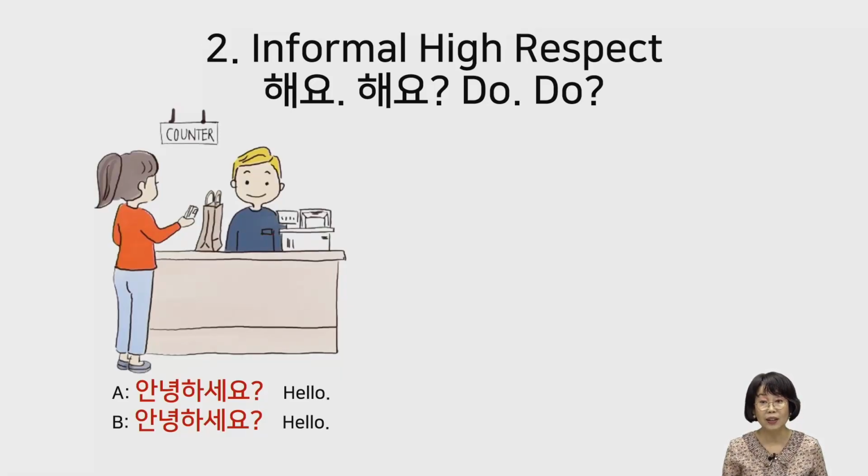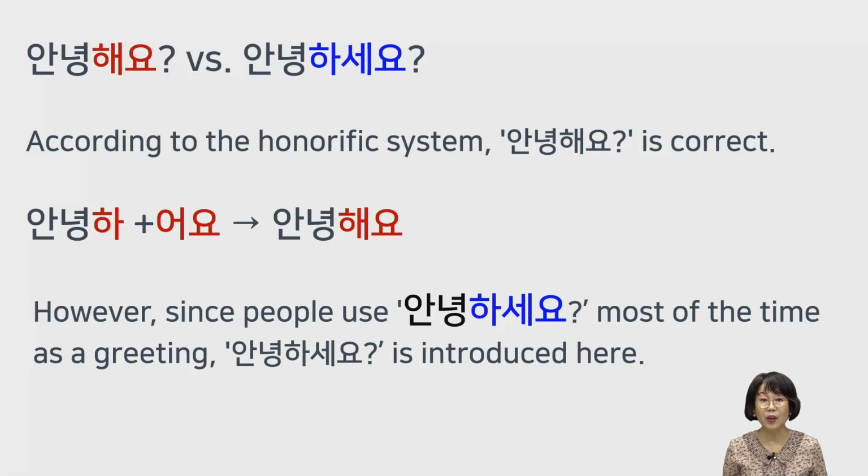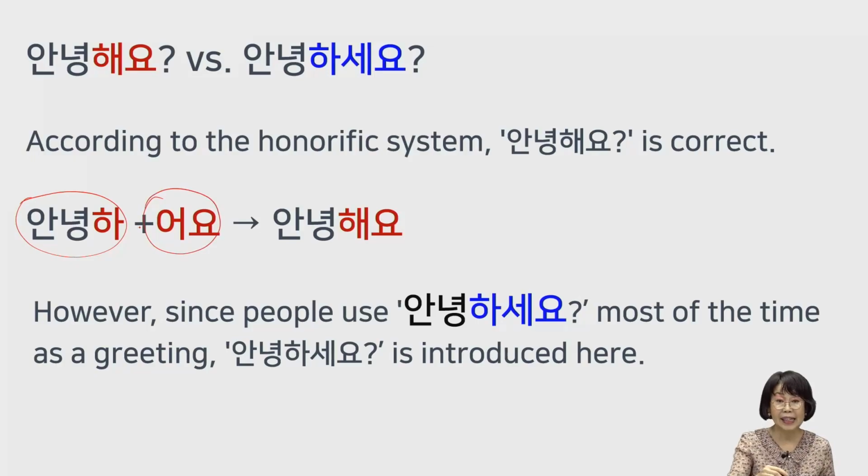안녕하세요, hello. The younger person says 안녕하세요. The older one says 안녕. 안녕해요 versus 안녕하세요: according to the honorific system, 안녕해요 is correct. 안녕하 is the word stem, the unchanged part, and 어요 is the informal high respect ending. It becomes 안녕해요.